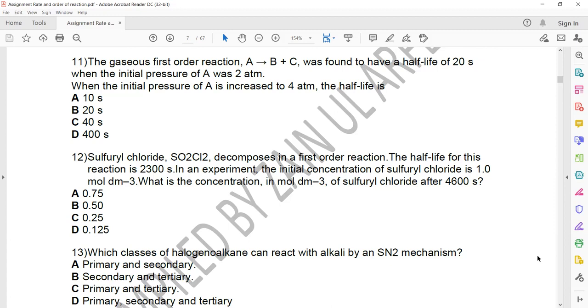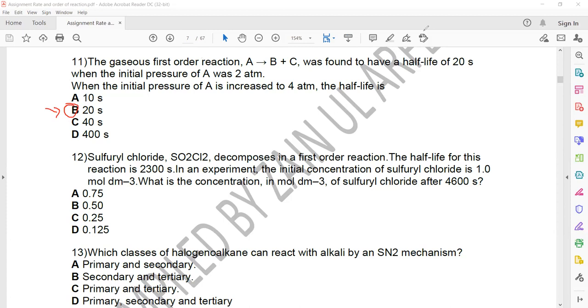When the initial pressure is increased to 4 atm, the half-life is the same. Because it's first order, the half-life remains the same even if we change the concentration. That's why B is the right answer.